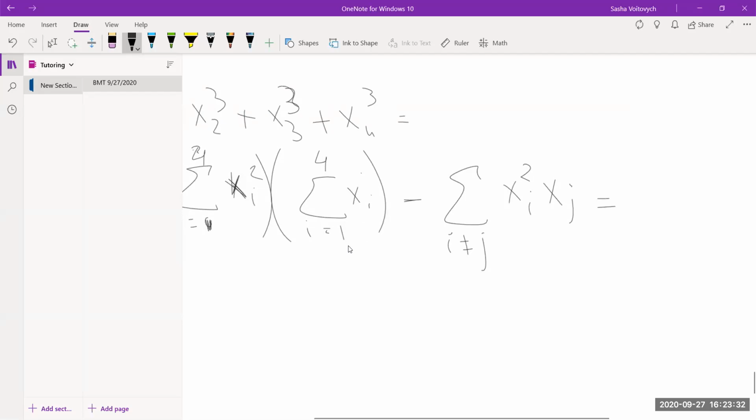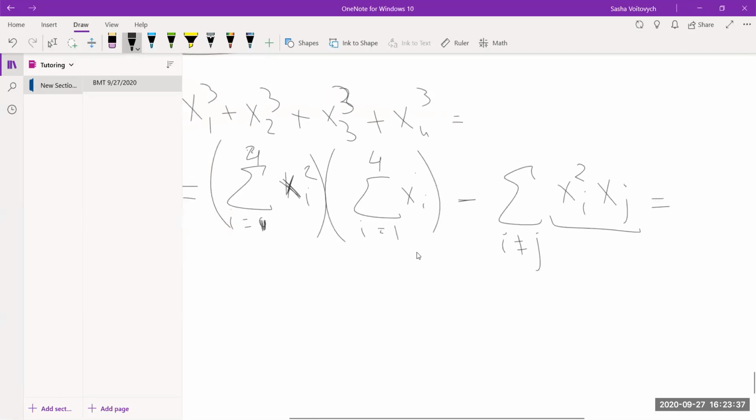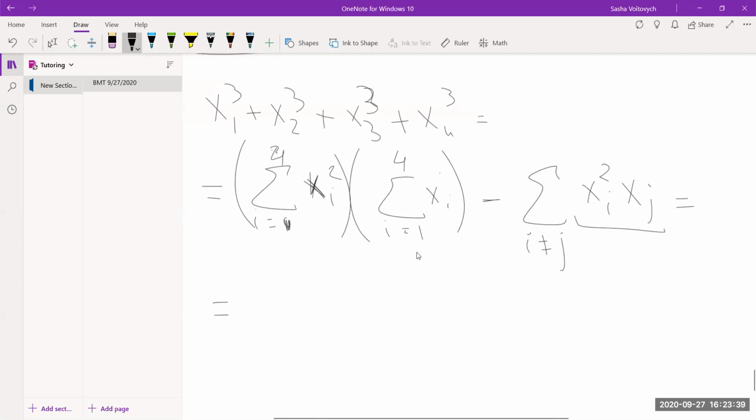Okay, so now we will try to express this guy in terms of symmetric polynomials. First of all, the sum of squares is just sigma 1 squared minus 2 sigma 2, because this is just the square of the sum of x's minus 2 times all pairwise products of them.